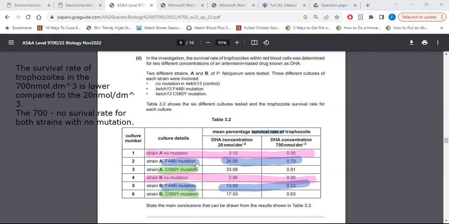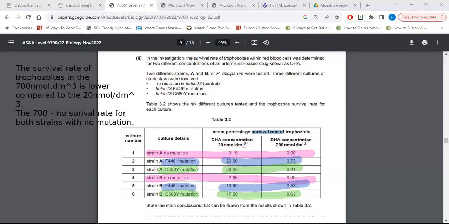Strain A with the same mutation seems to have a higher survival level at both concentrations, 20 as well as 700, low and high. Strain B has a lower survival rate.